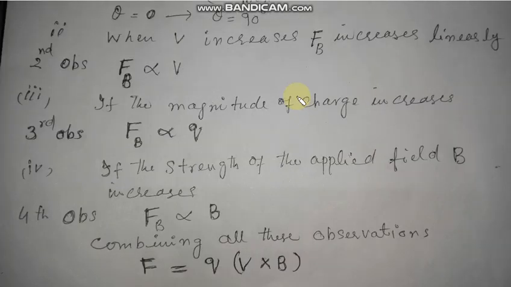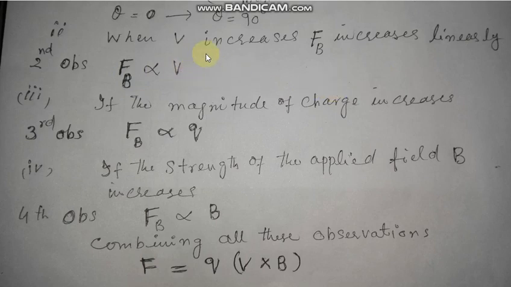Now for our second observation, we will increase the velocity with which the charge is projected in the magnetic field. For each case, we will keep on increasing the velocity of the charged particle and project it into the magnetic field with different velocities, and we will see that each time we increase the velocity, the force acting on the charge will also keep on increasing.